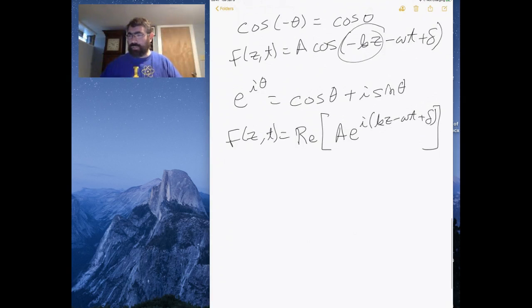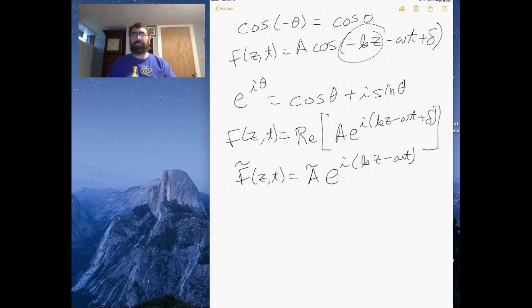So in that case, if I really wanted to generalize, I could write down the complex form of the wave function as, I'll allow the amplitude to be complex, and this would be e to the i kz minus omega t. In this case I made the amplitude complex by saying the real amplitude times e to the i times the phase.